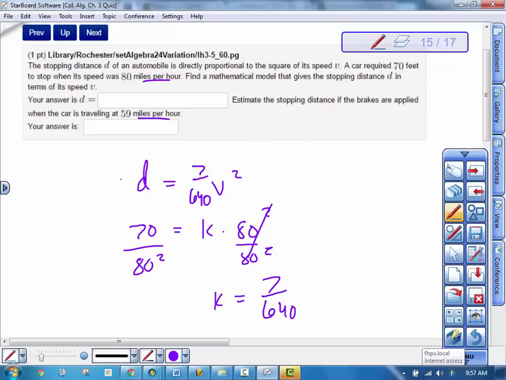So there's our equation that they want for d in terms of v. And then they want to know if the car is traveling 59 miles per hour. So we plug in 59 here and square it and multiply it by that k value. And that gives us the distance it takes to stop, which is 38.07 feet.